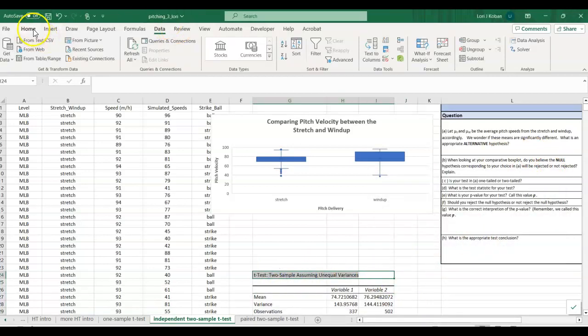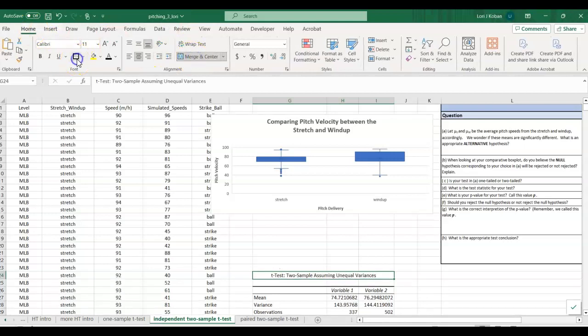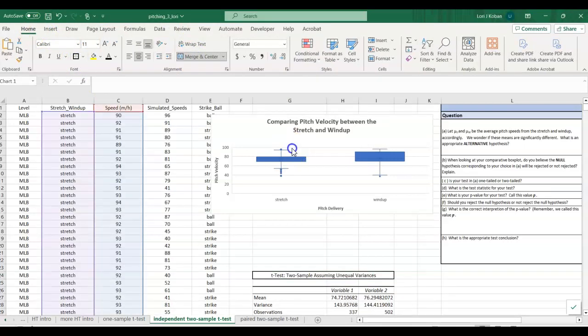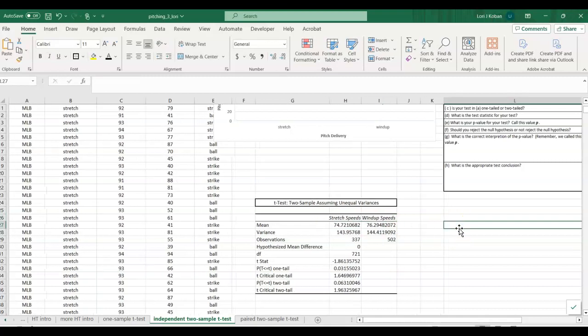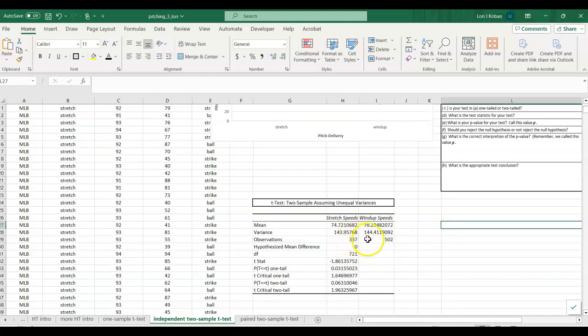All right, let me make it look a little pretty. So merge that, put a box around it. I like to get these specific. So these are our stretch velocities. These are our windup speeds. And we see that the windup variance is bigger.